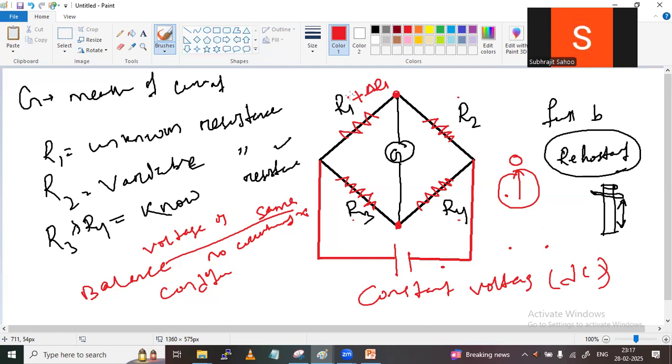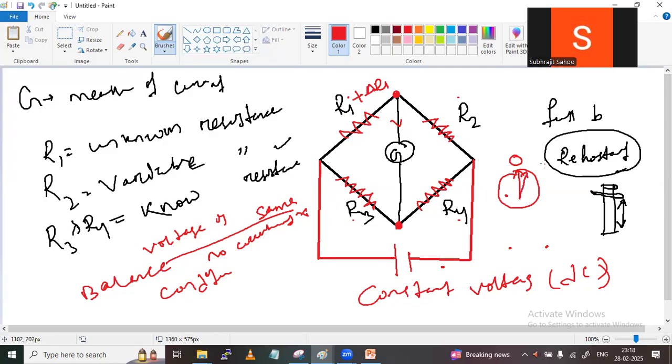Once the resistance increases, what will happen? A voltage difference will be created between this side and this side. When a voltage difference is created, current will start to flow. If current starts to flow, my galvanometer will show some reading.